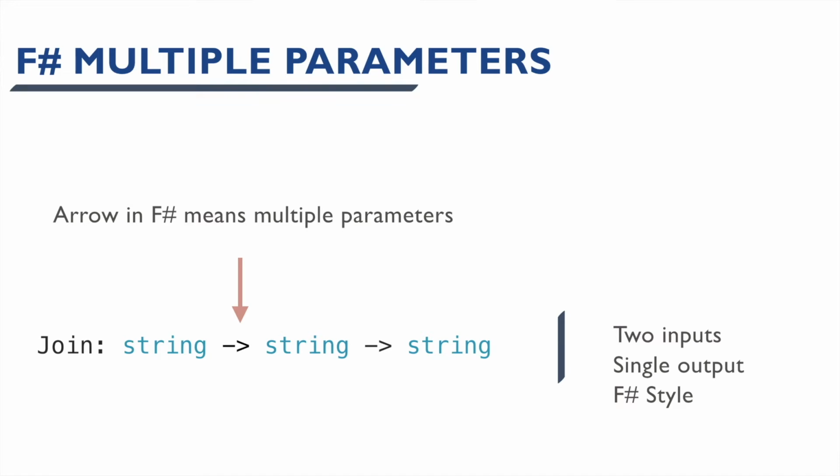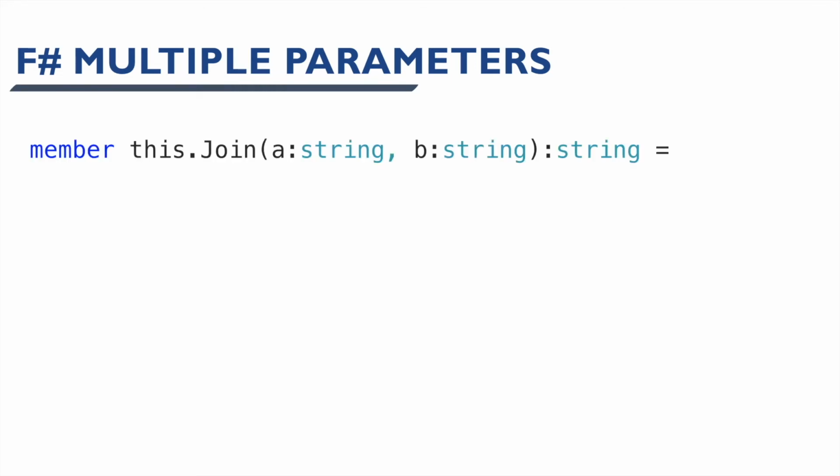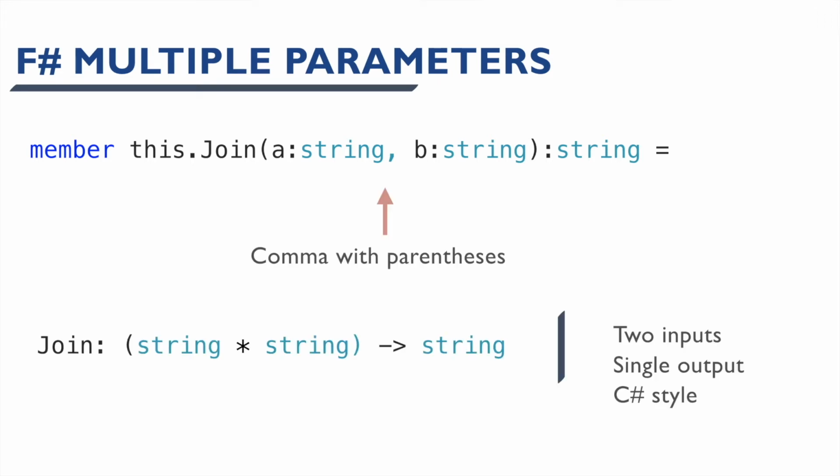So again, the last item there is a return type. This function takes in 2 strings and returns another string. Of course, we can do it in the C# style as well. So the C#, we've already seen how the type signature looks at the bottom. To do that in the method, we would separate it with parentheses and a comma around the arguments there.